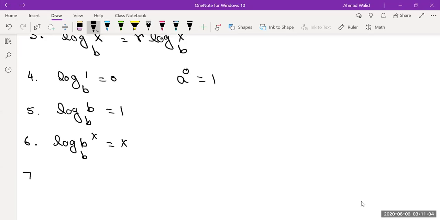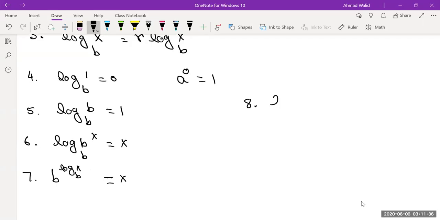Number 7. Let's say for number 7 this way: b to the power of log x base b again gives you x. Property number 8.